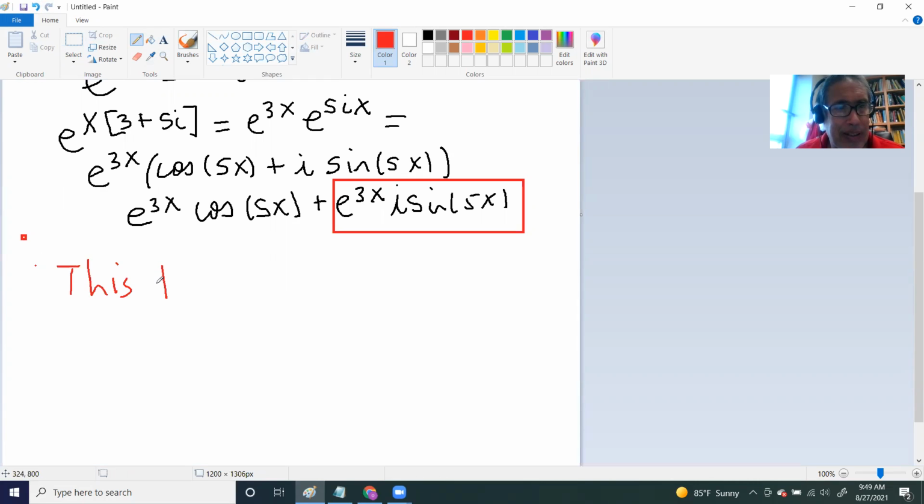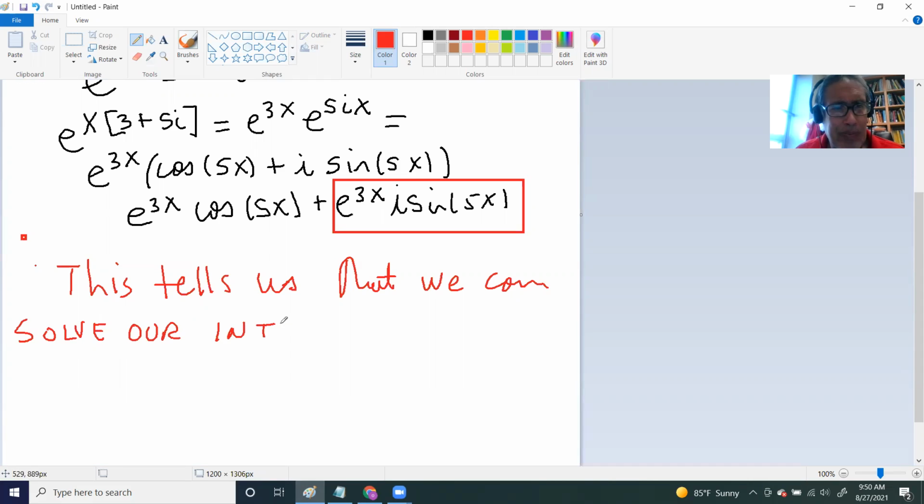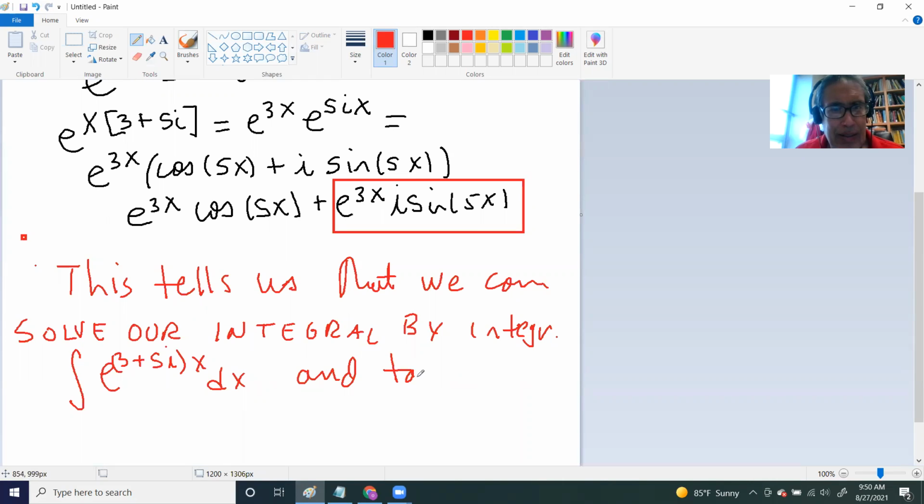This tells us that we can solve our integral by integrating the integral of e to the (3 plus 5i)x and taking the imaginary part.